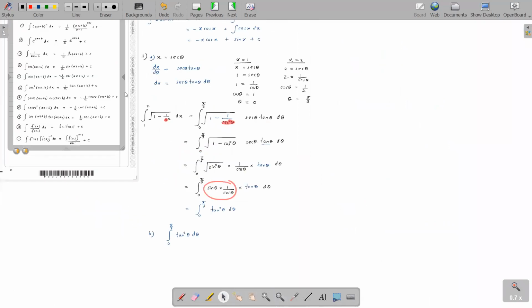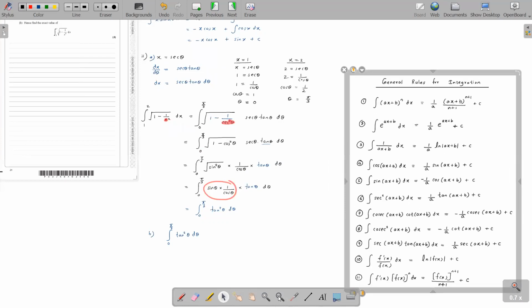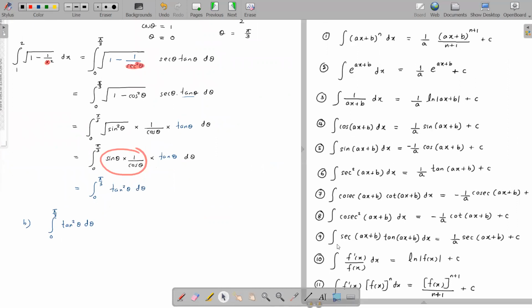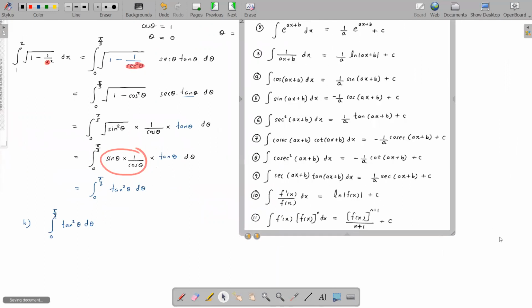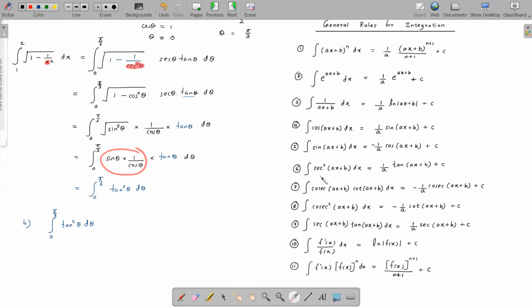Yeah, so you can see these are the general integration rules that I've taken. Do we have integration of tan square? In the general rules of integration, you can see we know how to integrate sec square, but we do not have tan square.